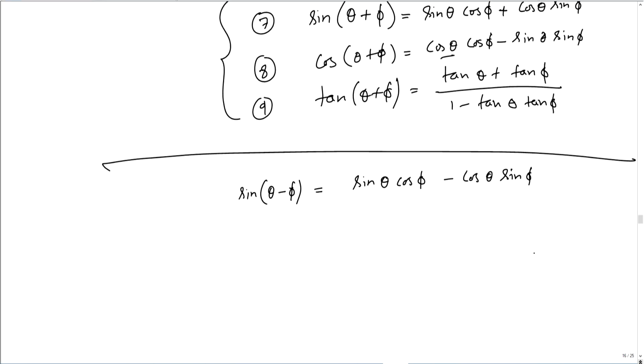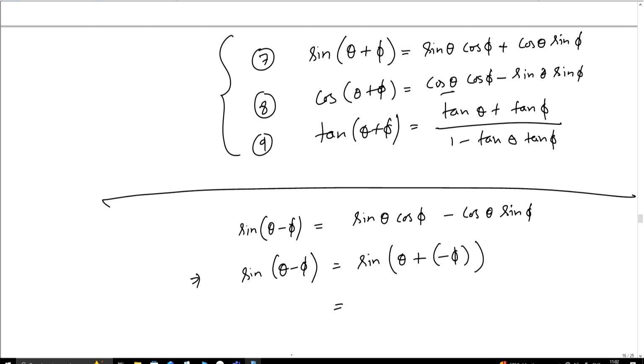The left hand side is sine of theta minus phi, which can actually be written as sine of theta plus minus phi. So think of minus phi as one of the angles, right? Now this is in the form of sine of theta plus phi.